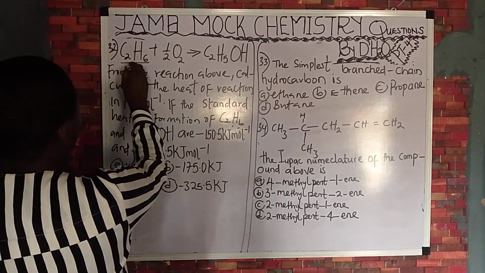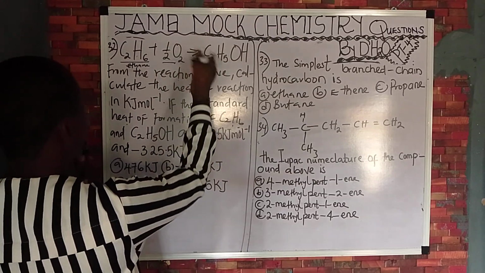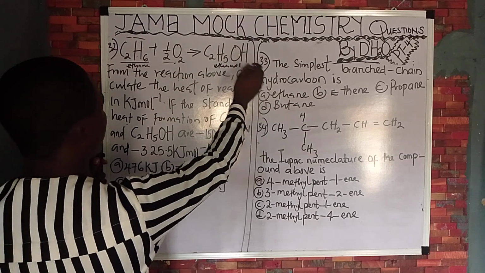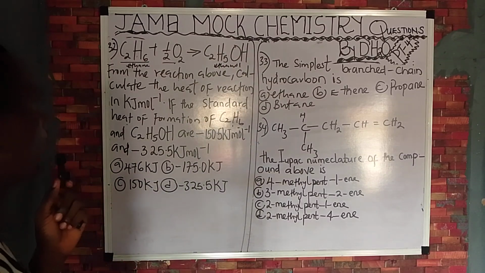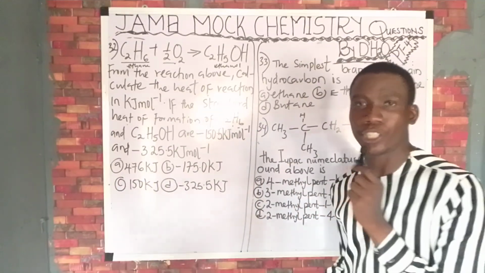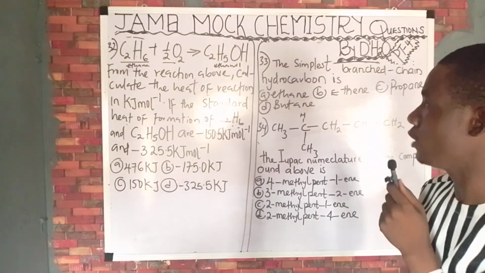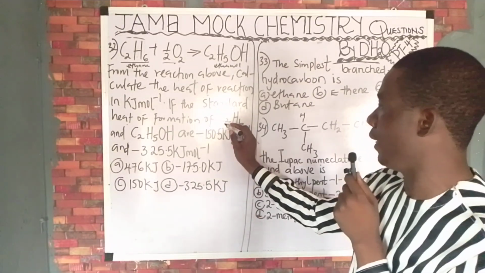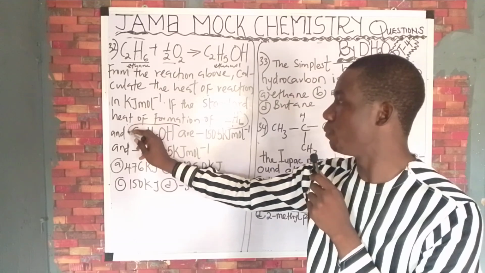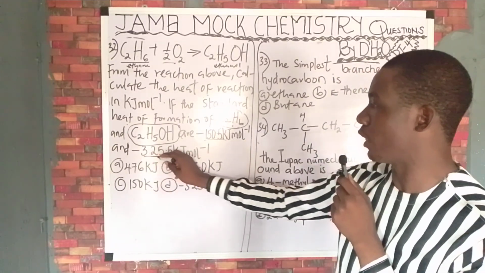This is called ethane. The combustion of 1 atom of oxygen with ethane will give us ethanol. According to the question, they say from the reaction above, calculate the heat of reaction in kilojoule per mole, if the standard heats of formation of ethane and ethanol are these.